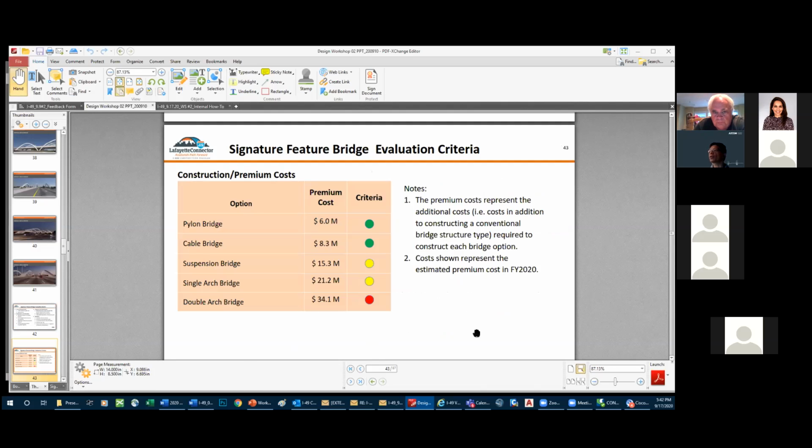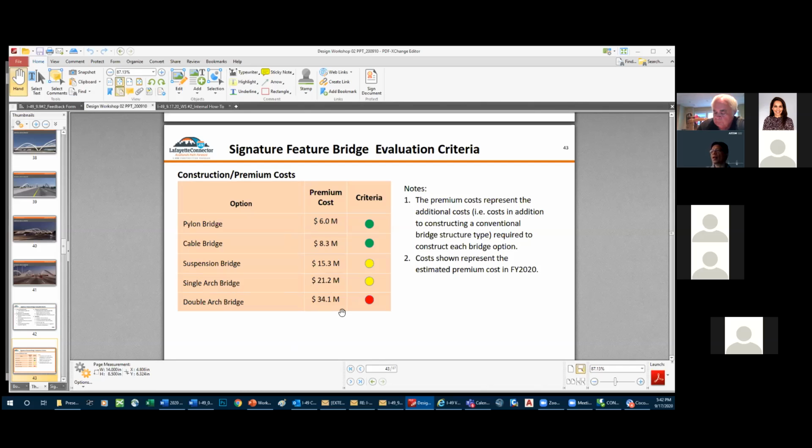So as far as the cost is concerned, the pylon alone is actually the lowest cost. The next one higher is the cable bridge. The suspension bridge is kind of in the middle. In comparison to the single arch, there is a difference, but it's not substantially different, so I would almost say the suspension and the single arch are neck and neck.